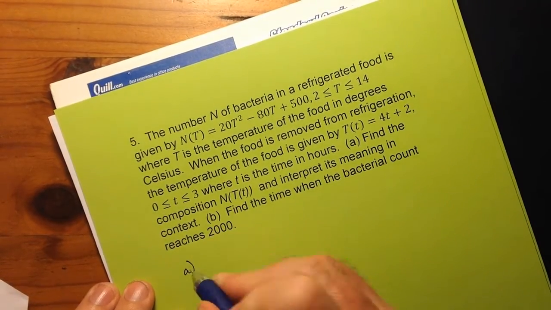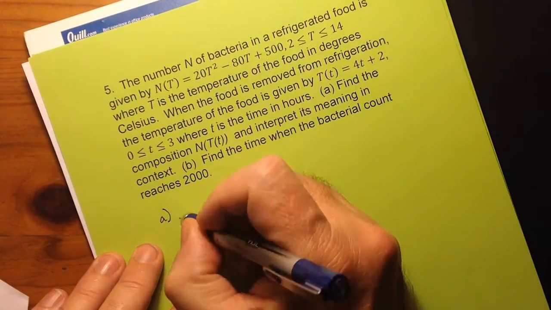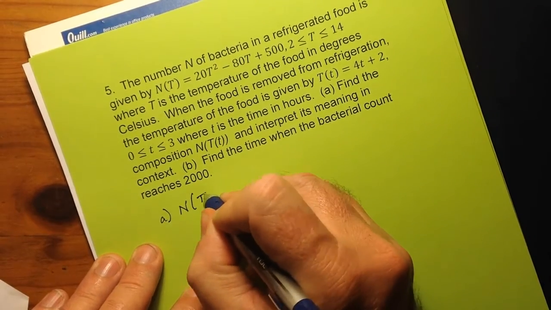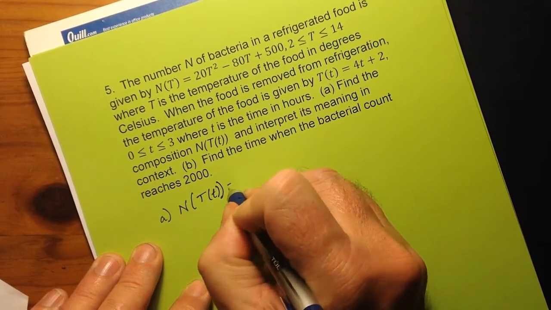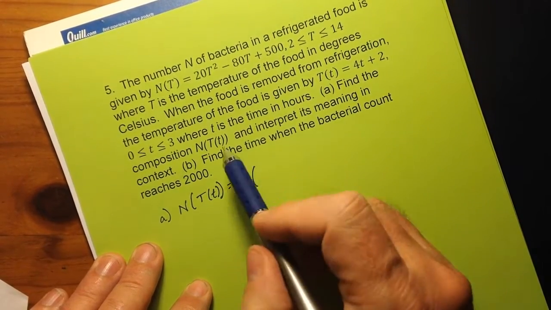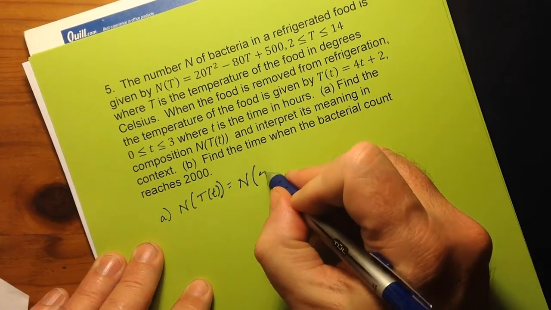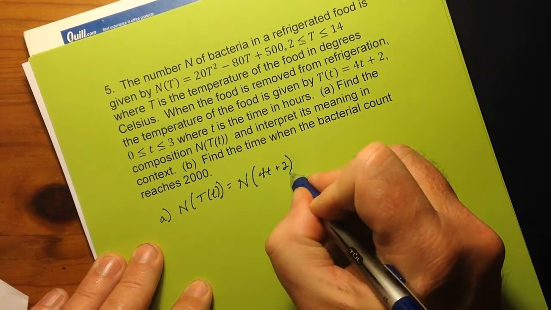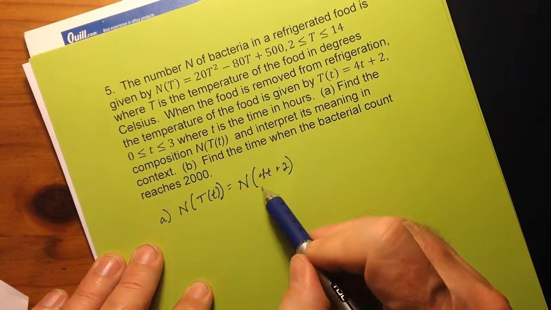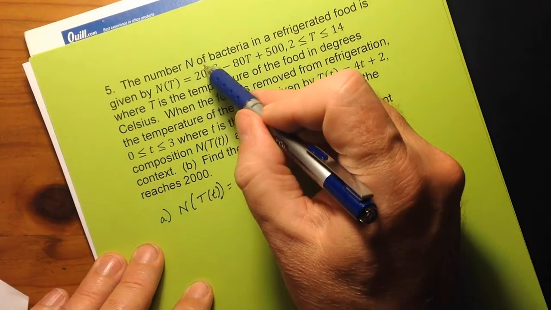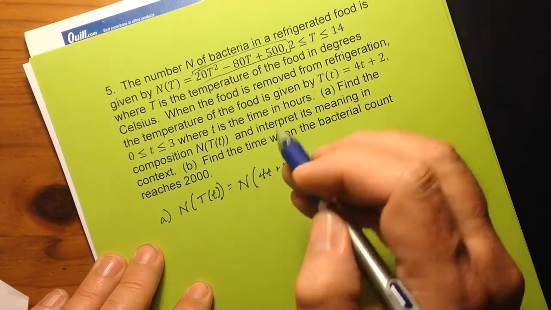So let's start with that. Part A says n of T of t. T of t is the second function here. It is 4t plus 2. So I'm going to take this 4t plus 2 and plug it into my n function up here.